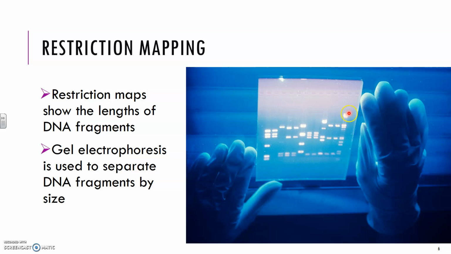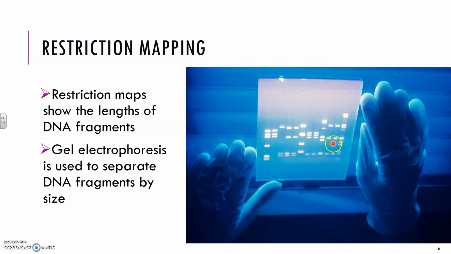And you'll see that this on the side here is a standard, so it's the control for this type of experiment. They will run what's known as a DNA ladder, which has very specific DNA fragments in it, each with their very specific sizes.